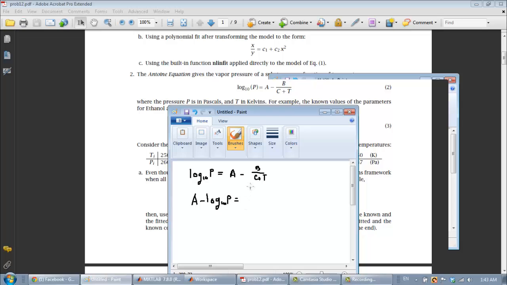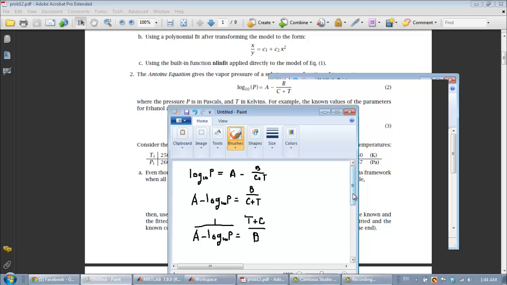That's going to give us this. Okay, then the reciprocal. So just take this. And over here, we're going to get t plus c over b.